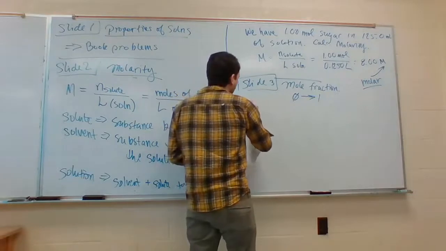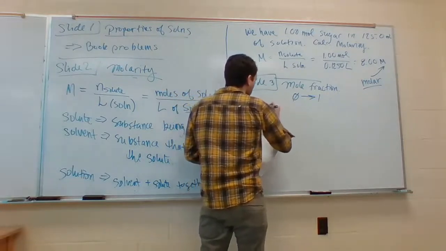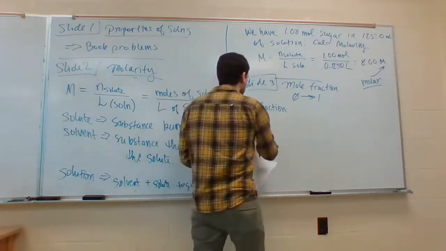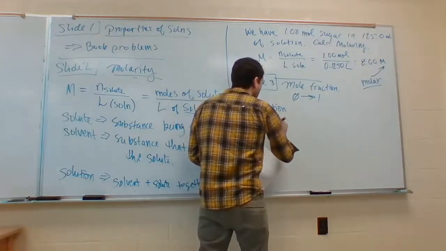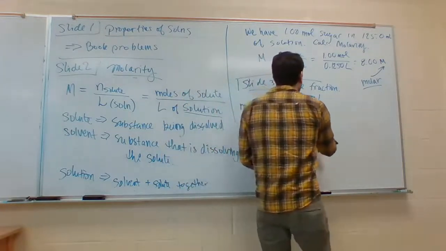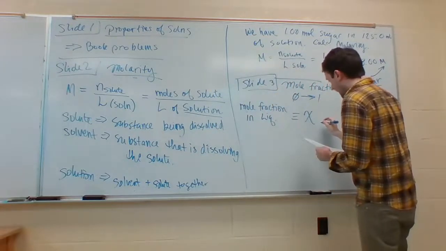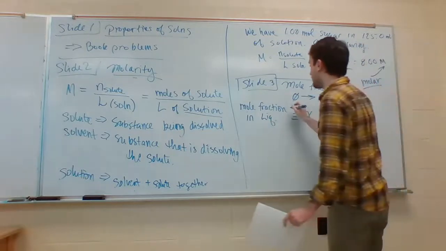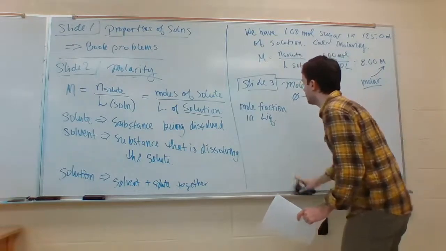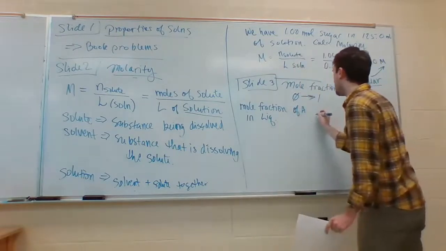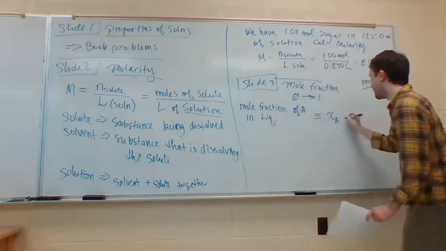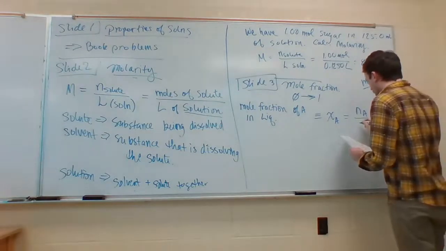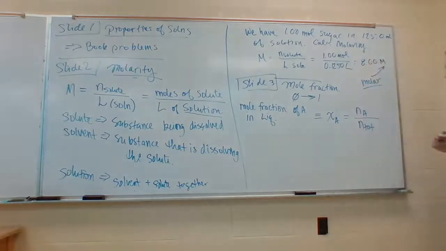Okay, but our mole fraction, if we are talking about a liquid solution, so mole fraction in a liquid, okay, we denote that as X sub A, where A is the substance, so this would be our mole fraction of A in liquid, which would be XA, which is defined as our moles of A, so N of A, over our moles total in the solution, okay?